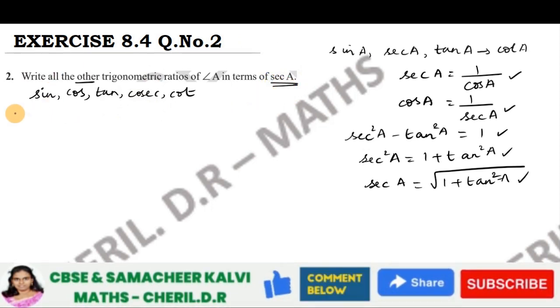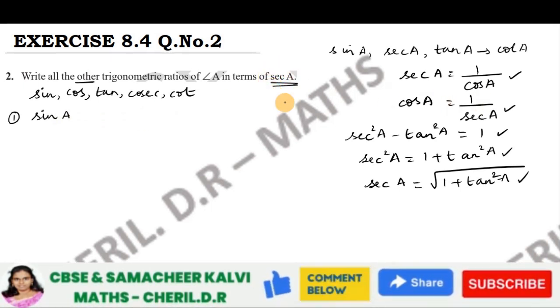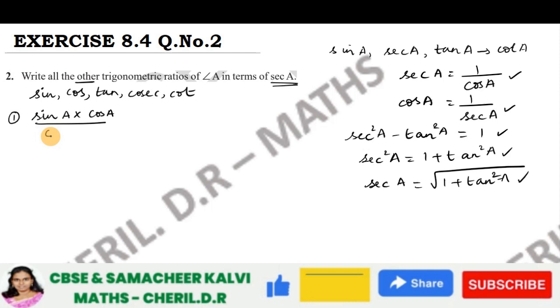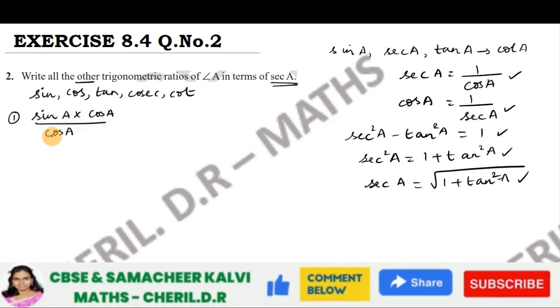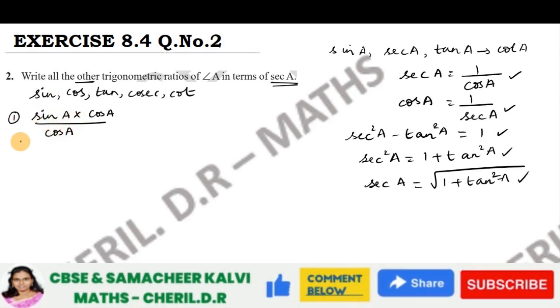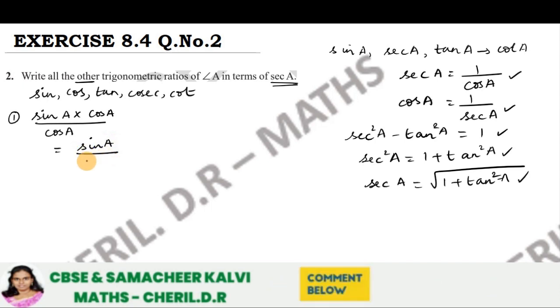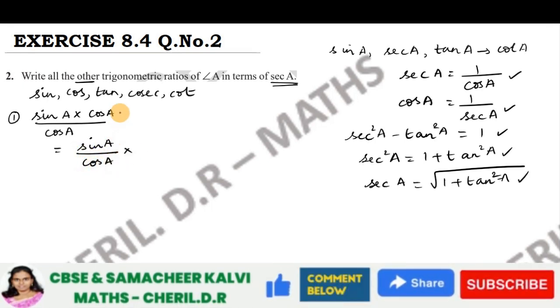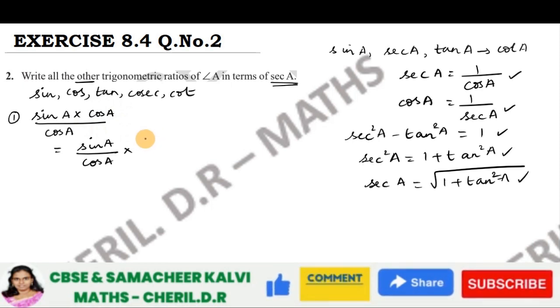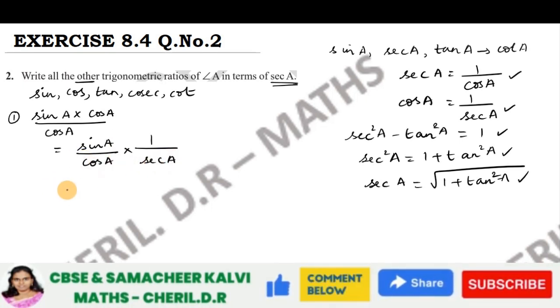Using all these we will be writing these trigonometric ratios in terms of secant A. So the first one we'll solve for sin. So sin A I need in terms of secant A. Secant A is related to cos A, so I'm going to multiply and divide by cos A. So I can write sin A by cos A into cos A. Instead of cos A, I can write this as 1 by secant A. Now what is sin A by cos A?